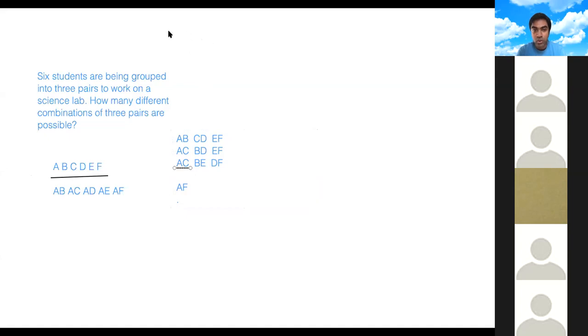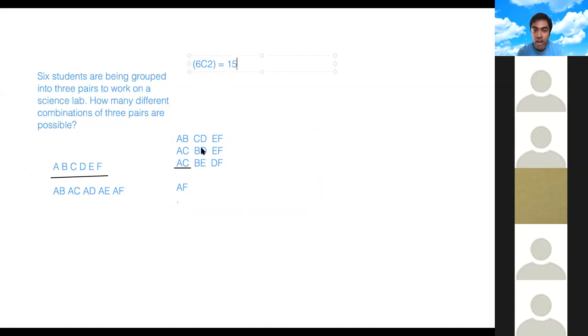So I have 6 students. I can choose any 2 of them and make the first group. So this is what Ishan had computed. We have A, B, A, C, A, D, A, E, A, F, B, C, B, D, and so on. So there's 15 choices for this first group.